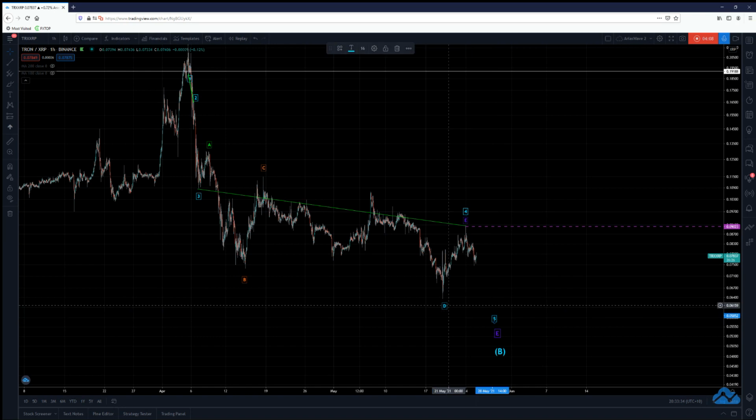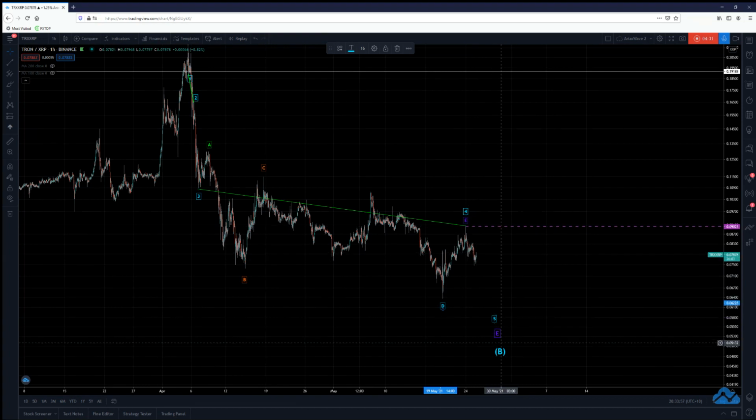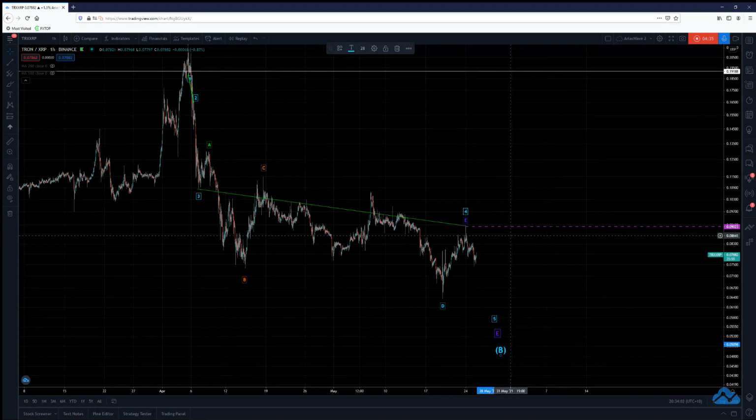So I only expect to see one more low, which might even just barely dip, but it has to go below the start of wave E to be confirmed as a wave 5, and then it must break back above this level, which would have been the start of wave 5. Yep, so this should hopefully confirm the end of wave B in brackets, and then we can talk about targets later. Don't want to get into that now.